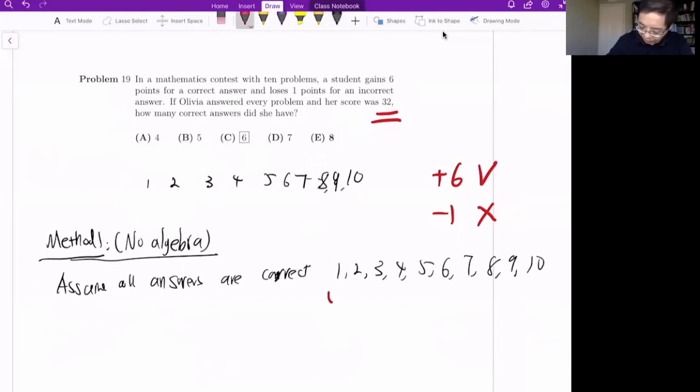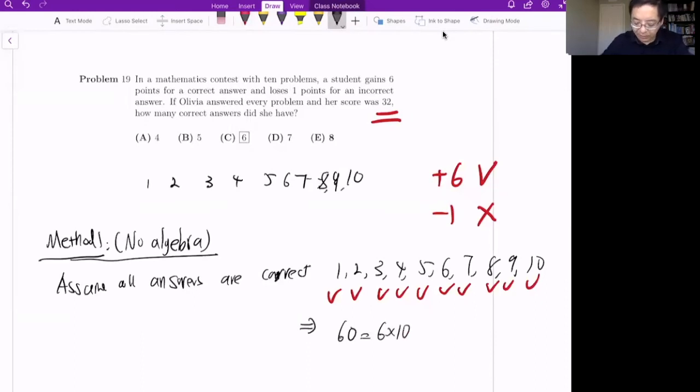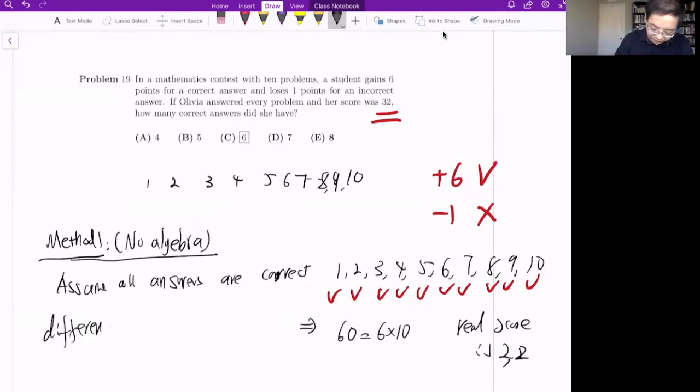If all of them are correct, then of course the total score will be 60, which is 6 times 10. But the real score is 32, and there's a difference. The difference is 60 minus 32, which is 28.